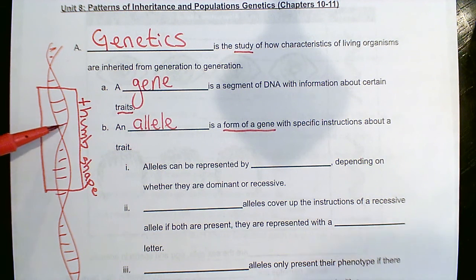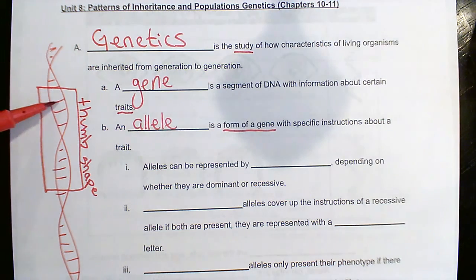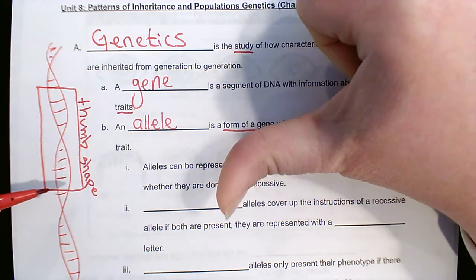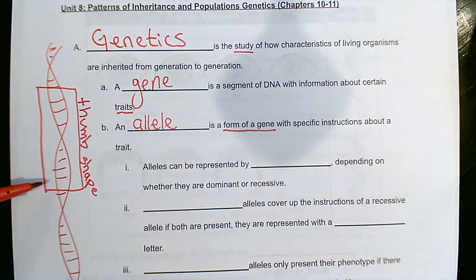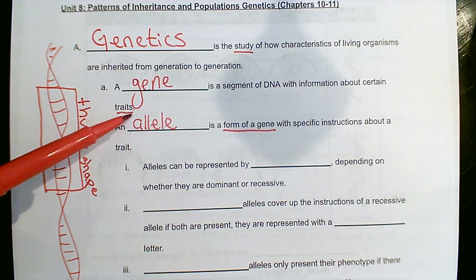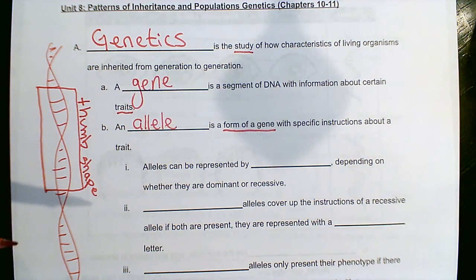So if this contains instructions for straight thumb, I would have the straight thumb allele for the gene of thumb shape. If this gave instructions for the hitchhiker thumb, which I have, then I would have the hitchhiker thumb allele for the gene of thumb shape. So the gene is the place on DNA for the category, and the allele is the specific version of the trait that shows up.